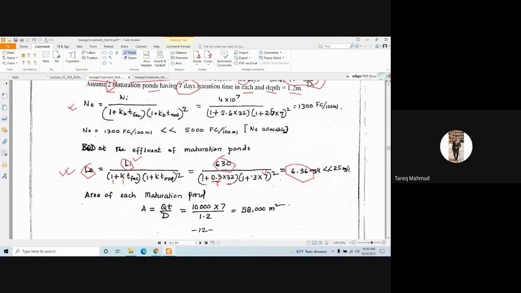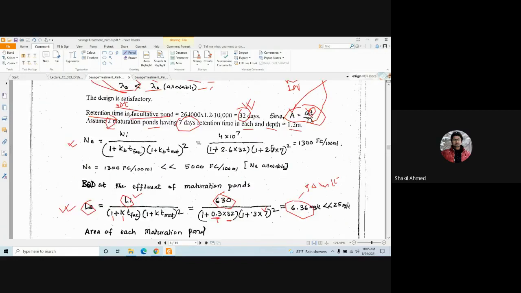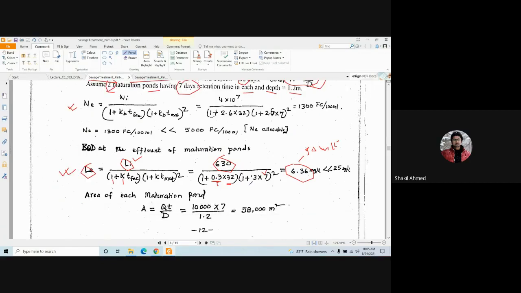If you had found that this is 30 milligram per liter, then you would need to increase the number of ponds, like you could use 3, or you could increase the retention time from 7 to 8 days or something like that.